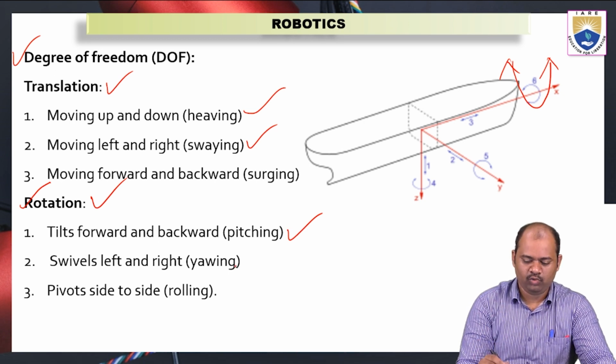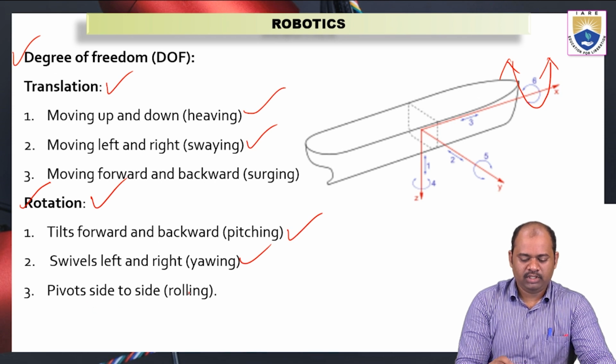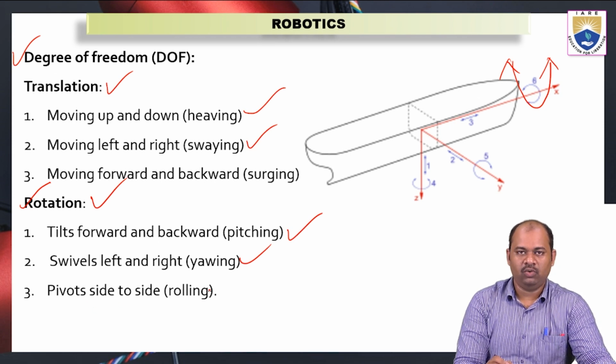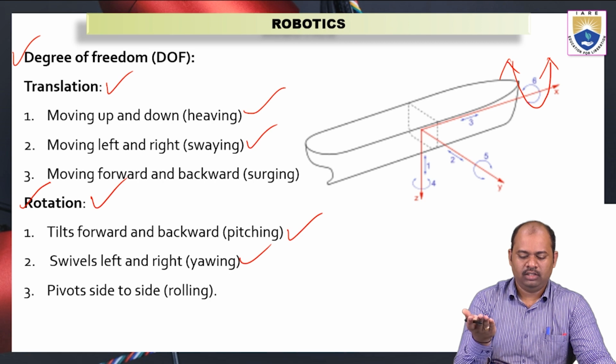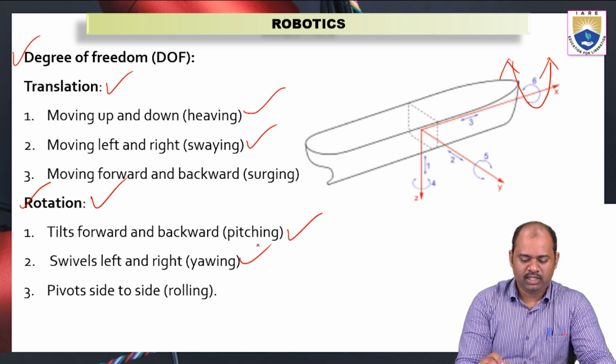This is one movement. And then pivoting side by side is called rolling. Rolling is nothing but pivoting, like it can move in the horizontal plane. So we'll see all three motions of the ship.